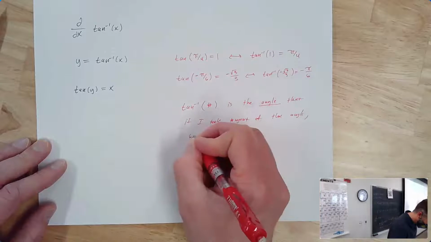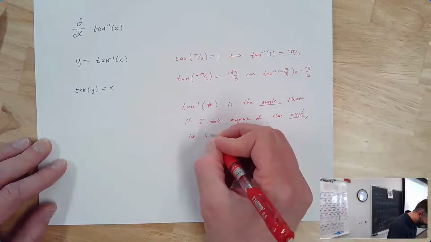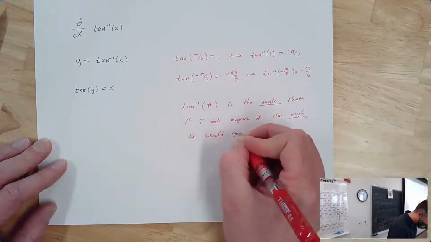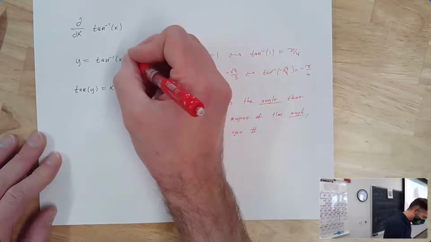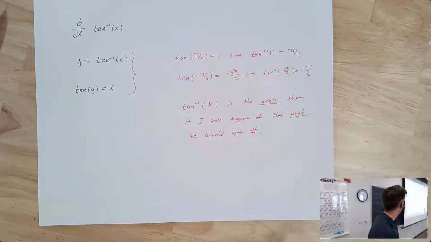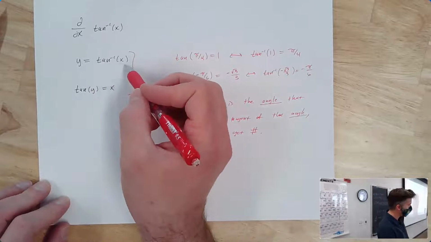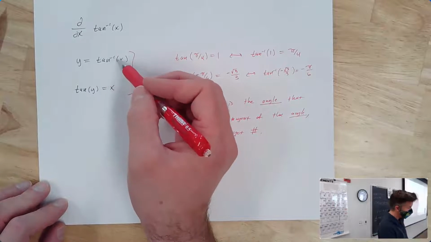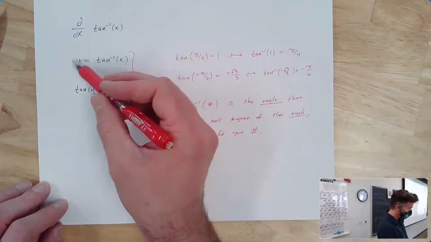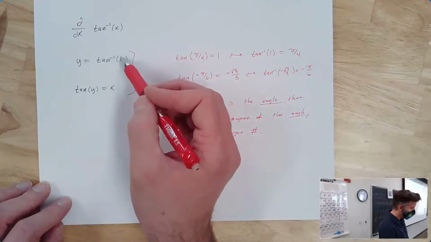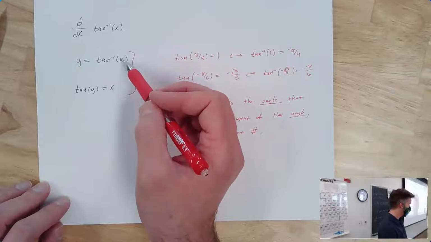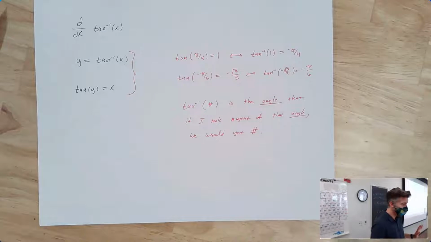Or more easily written, this: if y equals inverse tangent of x, well, inverse tangent of x should be the angle y. And if we take tangent of that angle, we get the number we're trying to take the inverse tangent of. So that's the whole relationship.